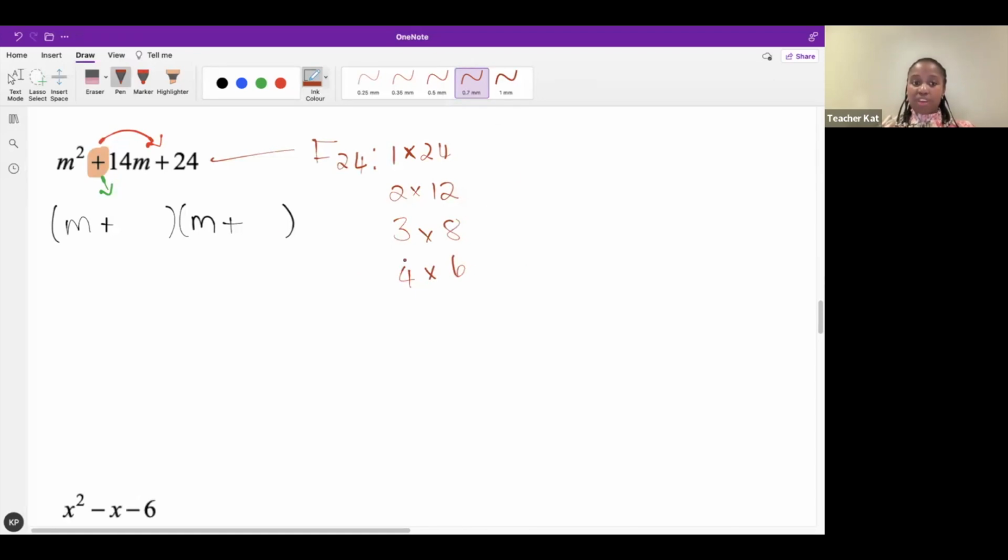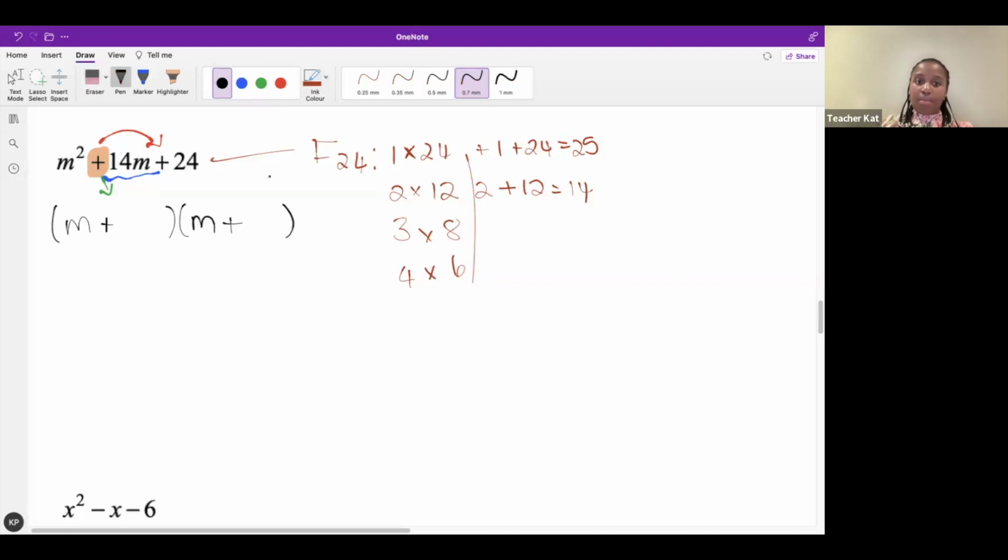Okay, out of these factors, we need to find a pair that's going to give us positive 14 with 2 positives. So positive 1 plus 24 will give me 25. That's not what we're looking for. Nice, Lily. 2 plus 12 will give me 14. Is that what we're looking for? Yes.